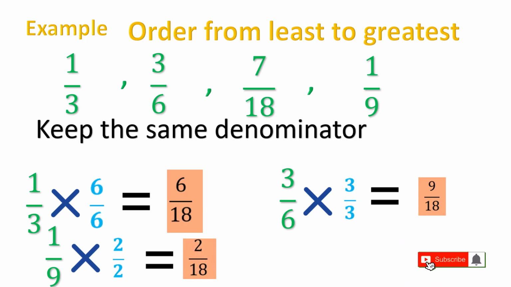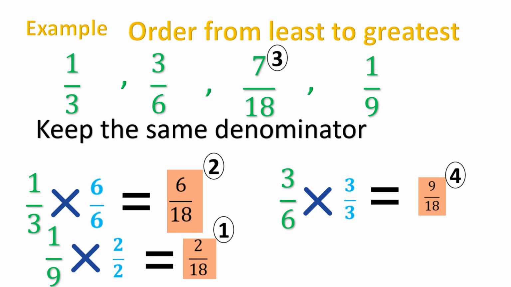We have here 4 fractions. We can number the fractions first before writing the order. Which one is the smallest? 2/18. So this is number 1. Followed by 6/18, number 2. 7/18, number 3 in the order, the third one. 9/18, the last one, or the greatest one.